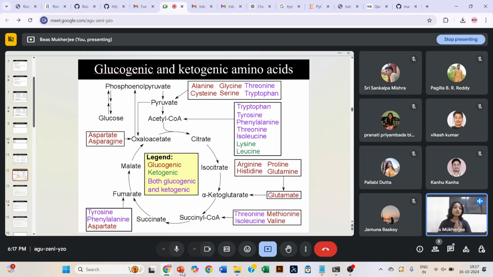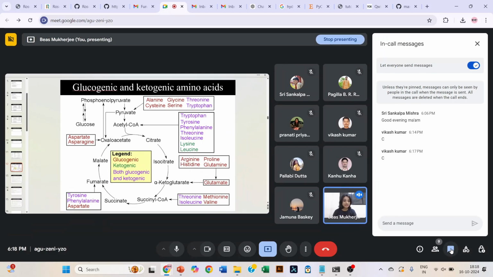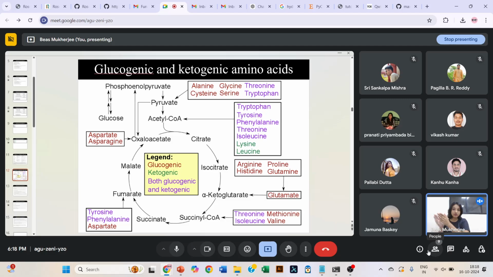This chart tells you very clearly which are glucogenic amino acids and which are ketogenic amino acids. So the glucogenic amino acids are shown in red, ketogenic amino acids are shown in green, and the amino acids that are both ketogenic and glucogenic are shown in violet. Okay, so you can see that initially this is your glycolysis, and after glycolysis it is entering into your TCA, that is your Krebs cycle.